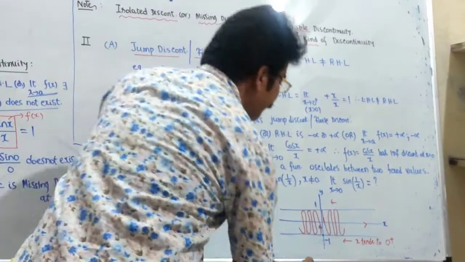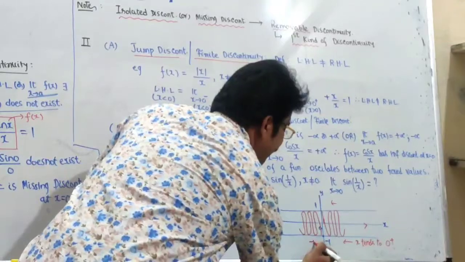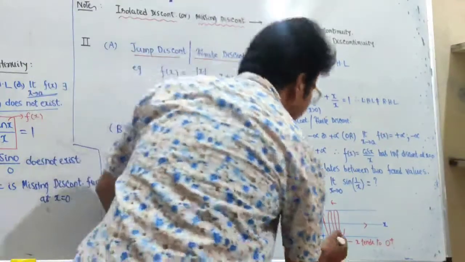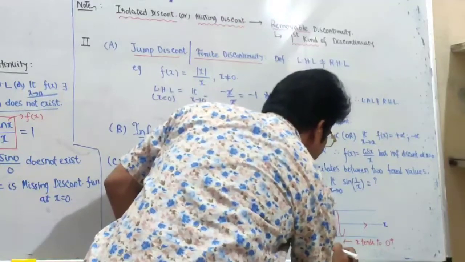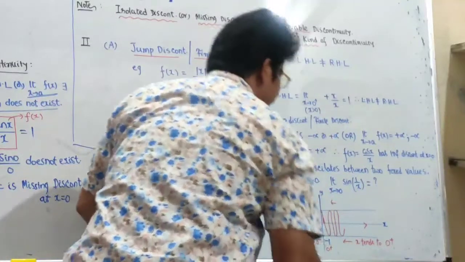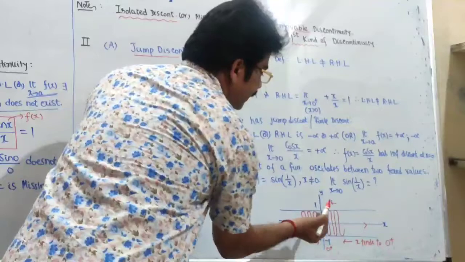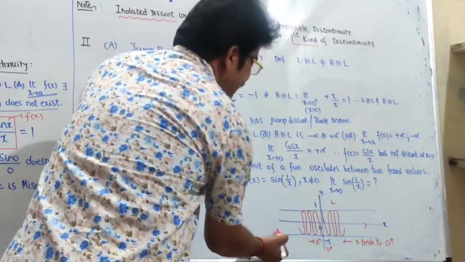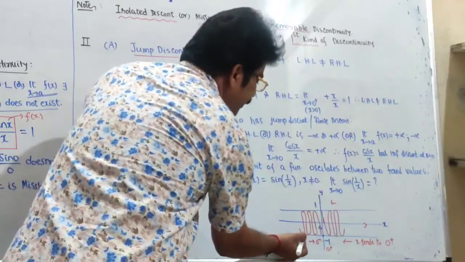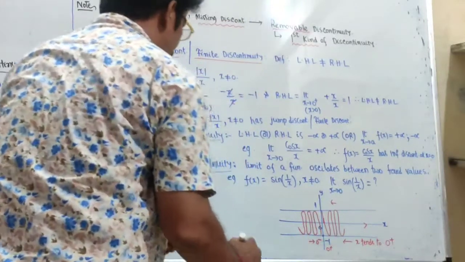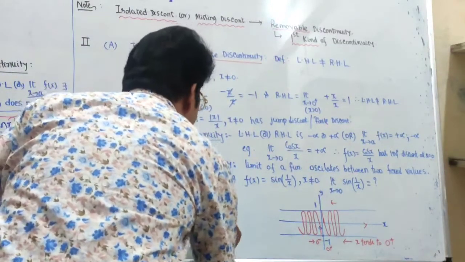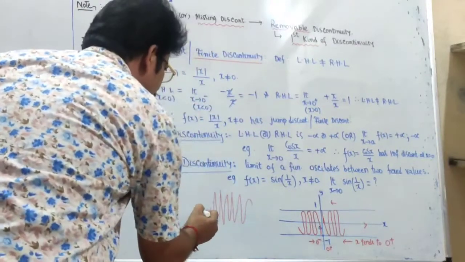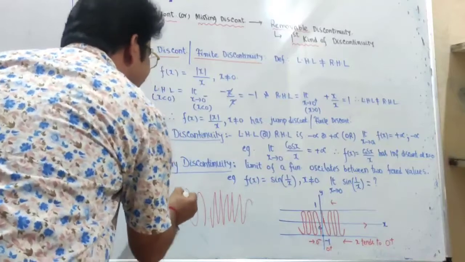This is 0 minus, the left hand side, and this is 0 plus. As x tends to minus infinity, it is 0, so the graph will be like that.